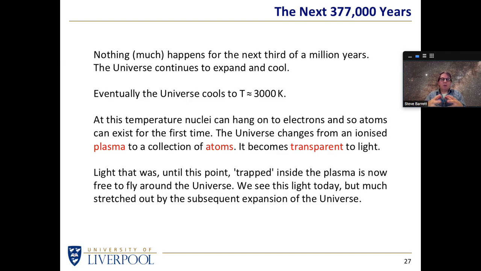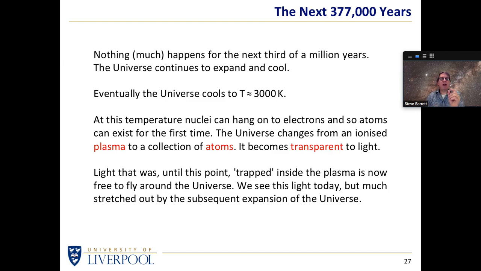Simply because the universe has now expanded and is much bigger than it was when the light was released. The universe is now about 1,000 times bigger than when the light was released after 377,000 years. So the light that would have had a wavelength around the visible wavelength, microns or so, has now been stretched 1,000-fold.